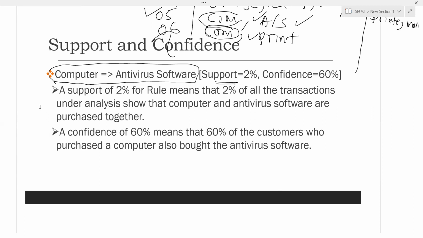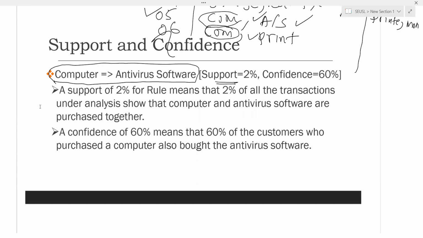Only 100 people buy the computers. They are also buying other products along with the computer. I am giving a call: all the people who buy computers come to this room, and all the 100 people come. Then I'm again asking how many people buy antivirus software too.